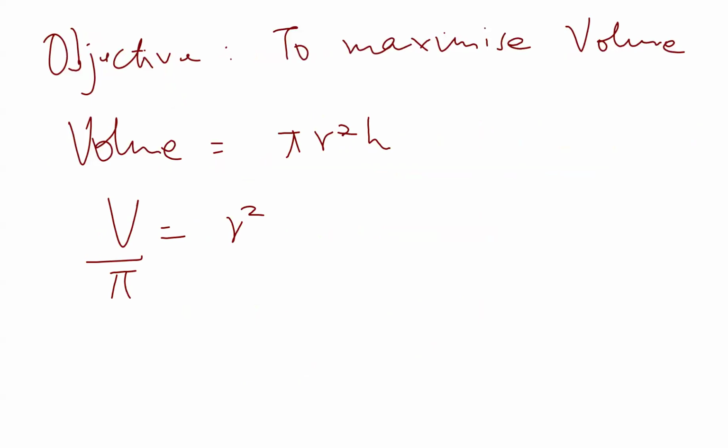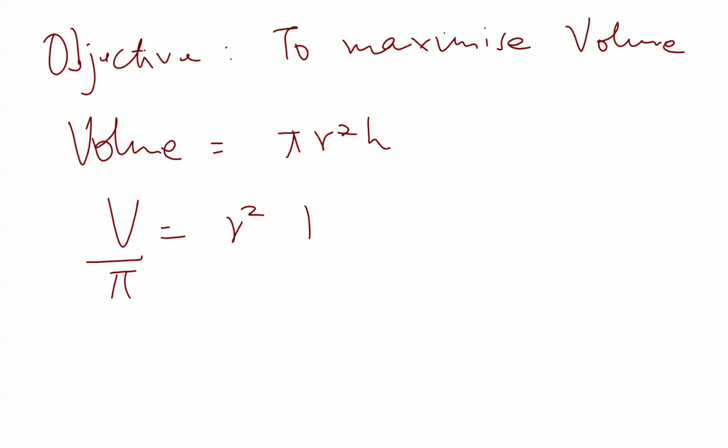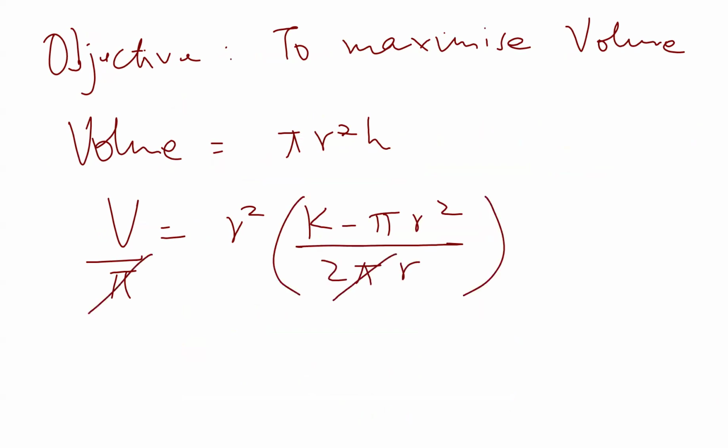So put the value of h, k minus pi r square upon 2 pi r. Now pi will get cancelled. You can send that 2 on the other side. R square, r will also get cancelled. Fine. So we are left with r into k minus pi r square.